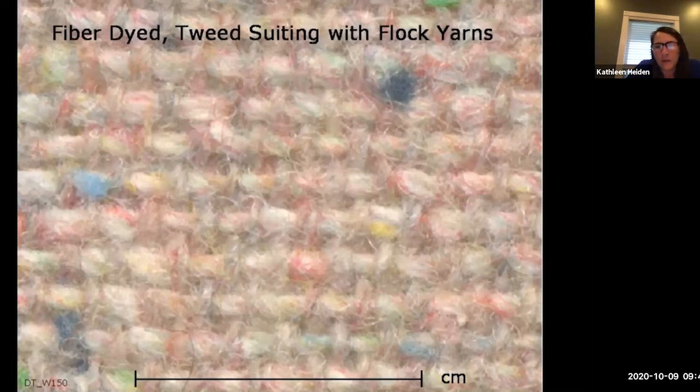And so that flock yarn is what's creating these little sections of color that you see randomly here in your fabric. This is how we make tweeds as far as a fabric. We add in the novelty yarn or the flocked yarn into that fabric.